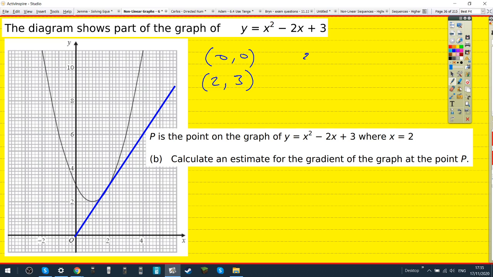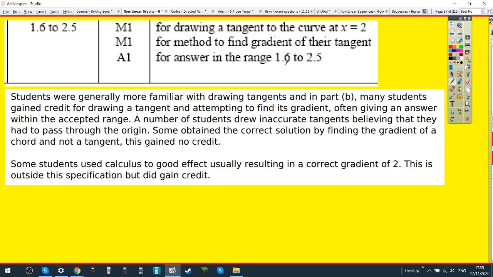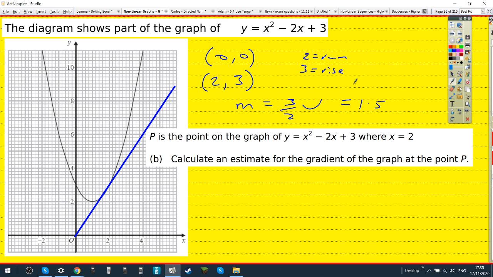And the gradient is 1.5. Yep. 3/2. 1.5. It was 1.6. So it's probably just because I'm not great at sketching it. I think it'd be easier on paper. Okay. Hopefully.